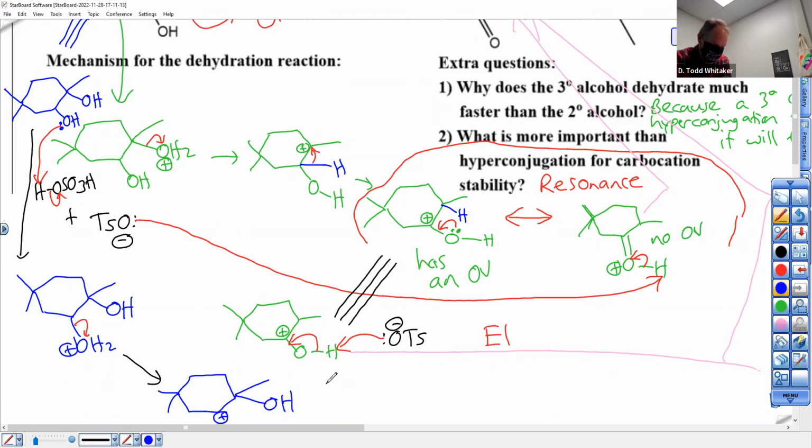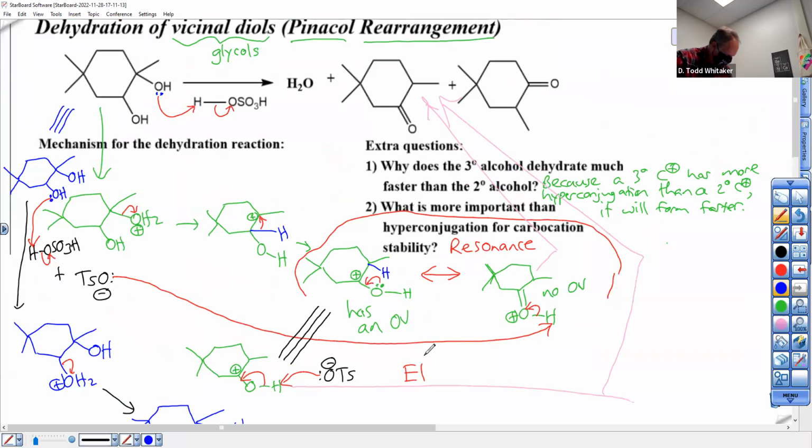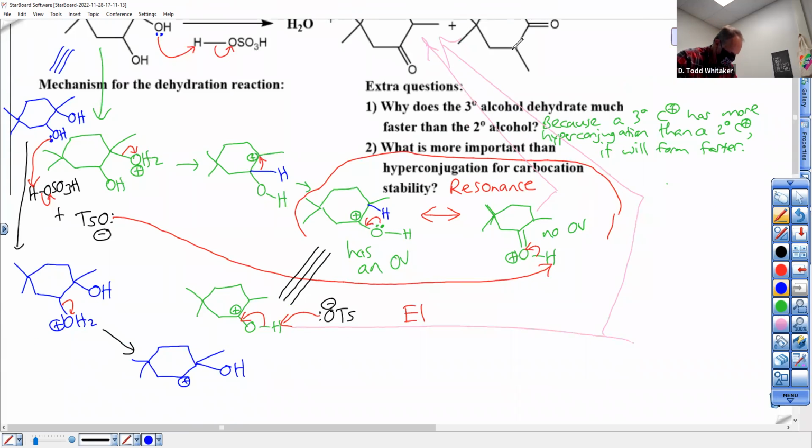And then take a look at that product we haven't done yet. This one, what has to move from here to have the same skeleton as up here? The methyl moves from this carbon to the adjacent position. We've been doing that since our test 2, right?